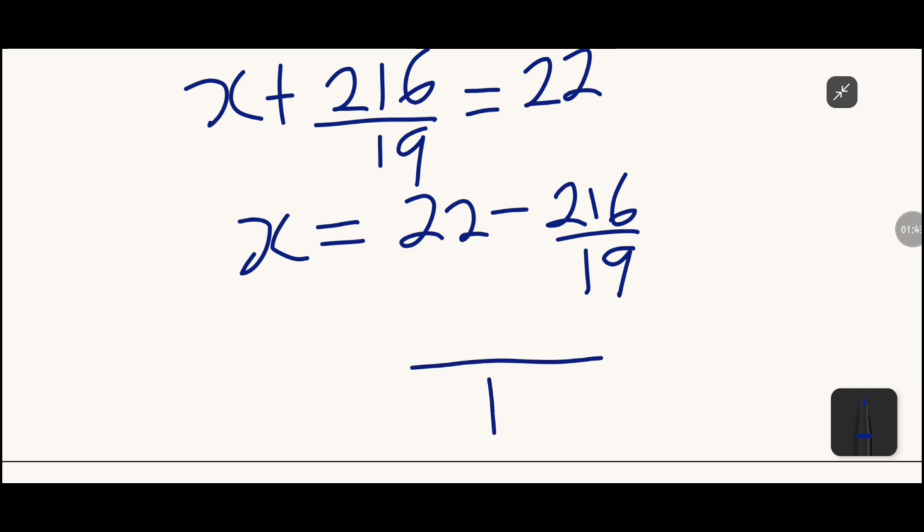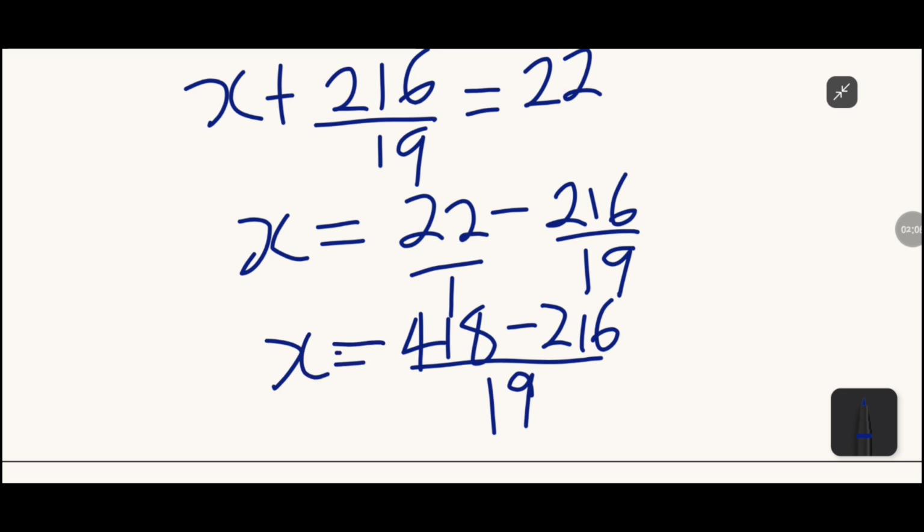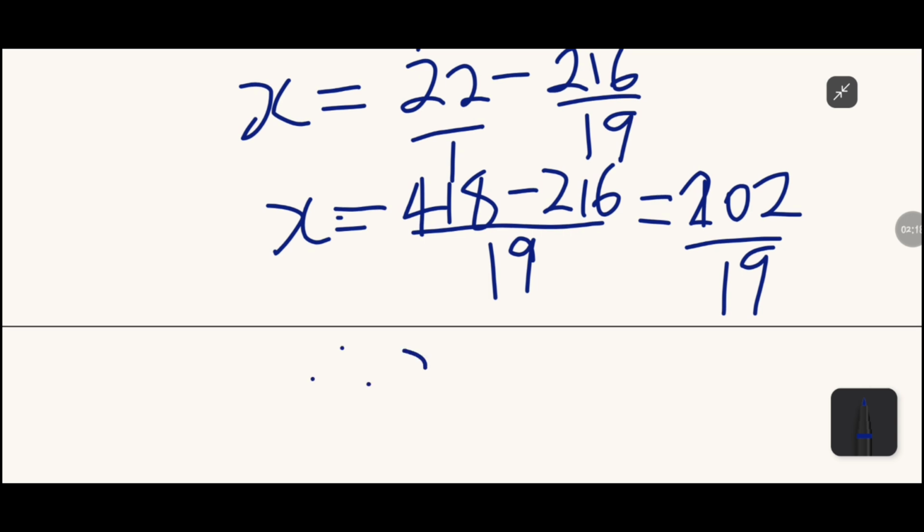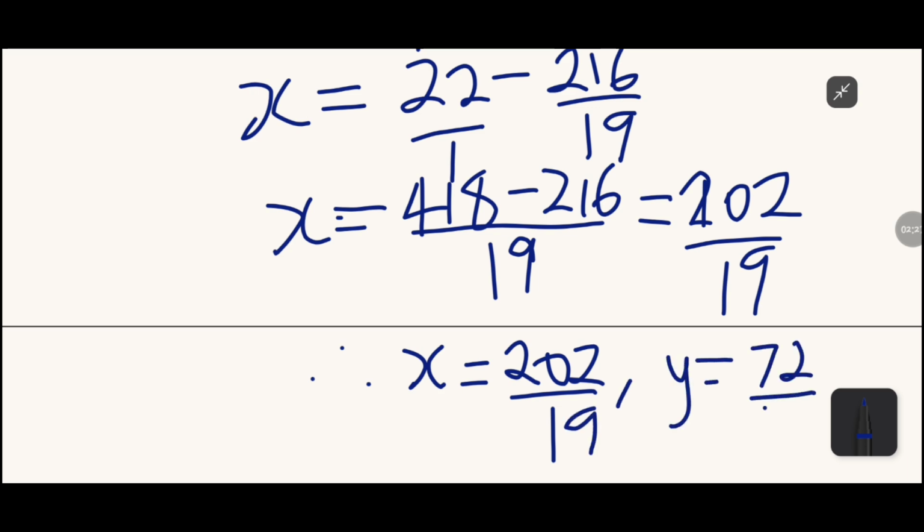Now the LCM is 19. 19 into 1 is 19. 19 times 22 is going to give us 418 minus 216, which is going to give us 202 over 19. So therefore, x is 202 over 19 and y is 72 over 19. So these are our values of x and y.